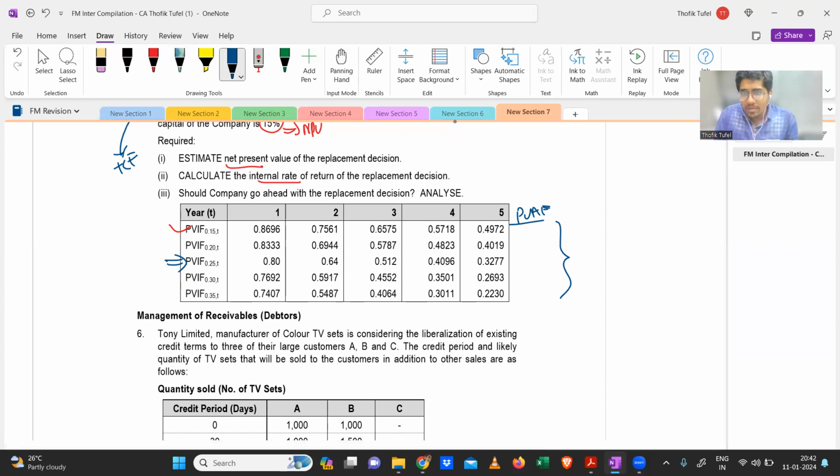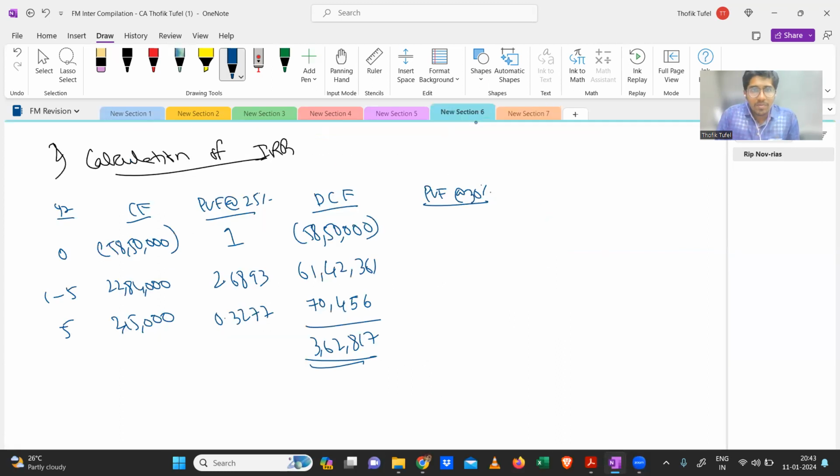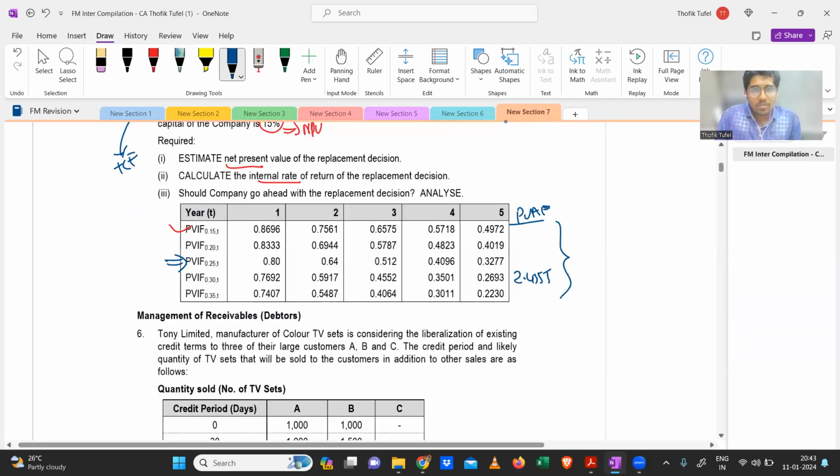What is the amount that you're getting? 2.4355.